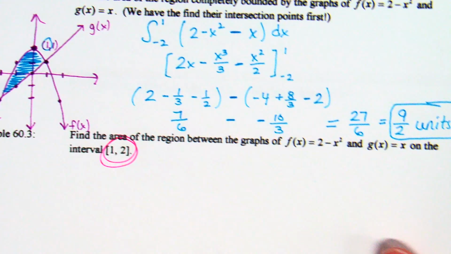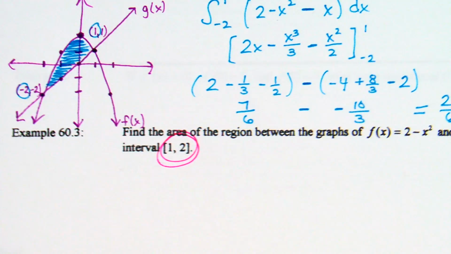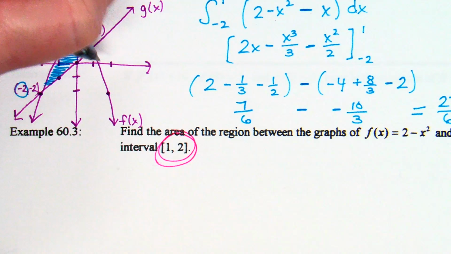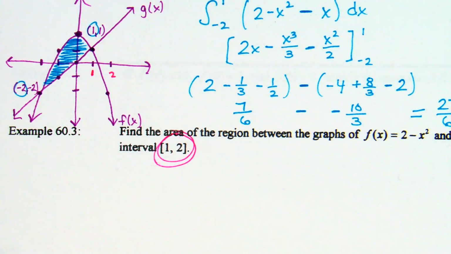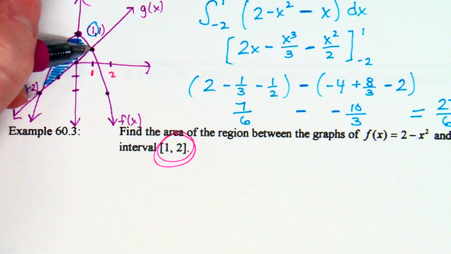Look up here. I'm changing color of pens so I can refer to a different color. Where is 1? It's on the interval 1 to 2. Remember, those are our x values, right? So here's 1 and here's 2. So can you see what I'm going to color in? It's from 1, which is this point right here, to 2.